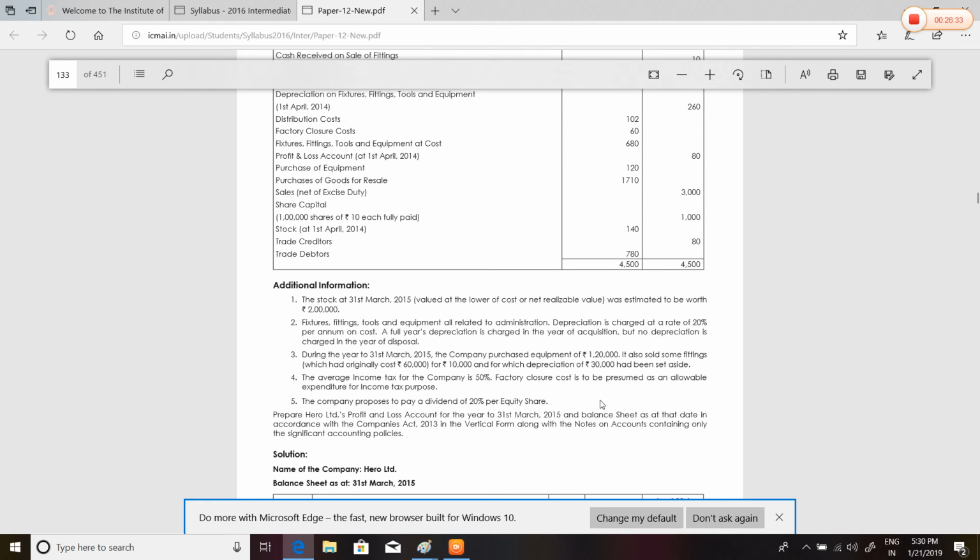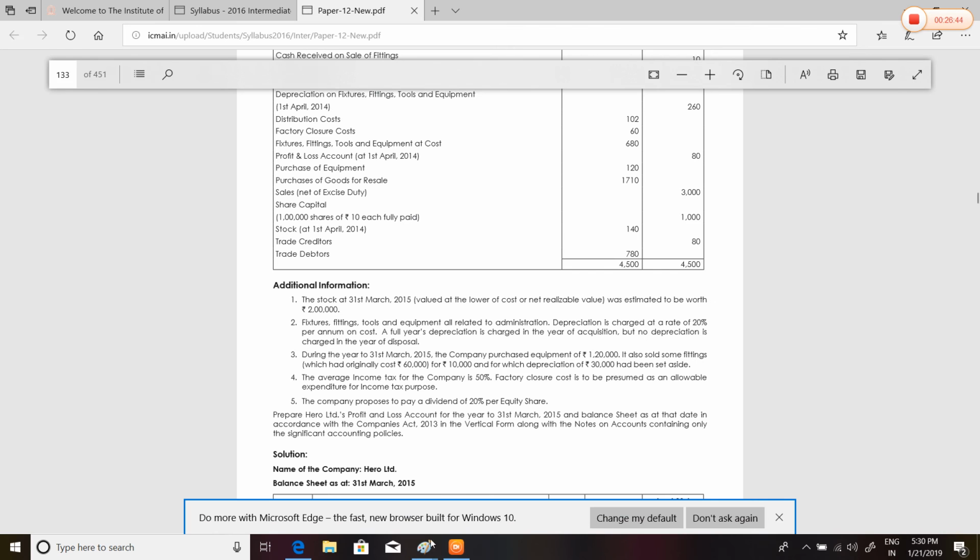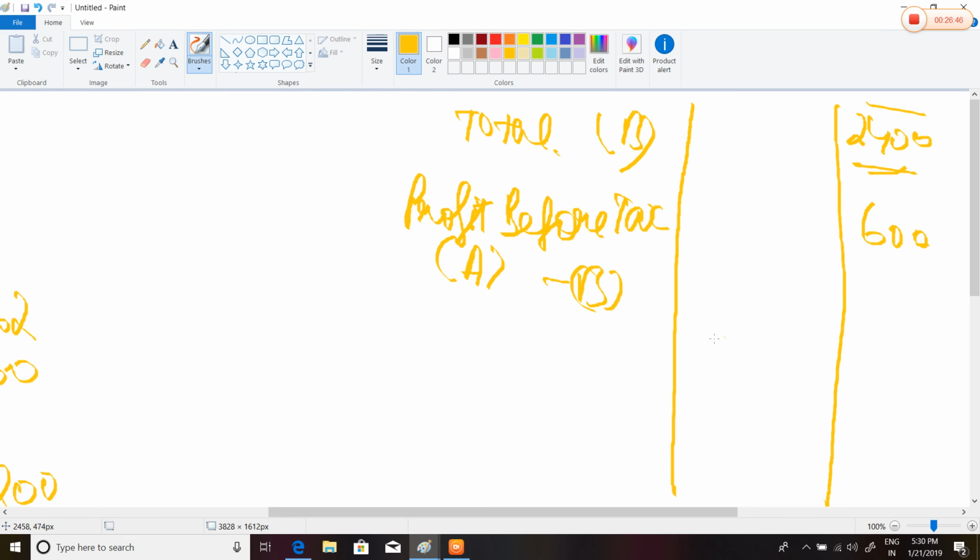Okay, see, the point is what is going to be the treatment. See, less tax.